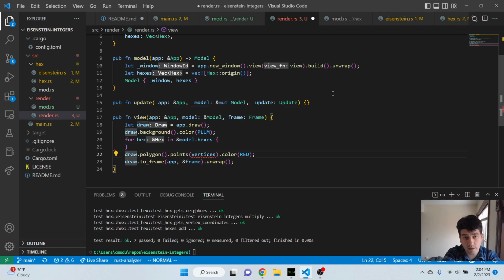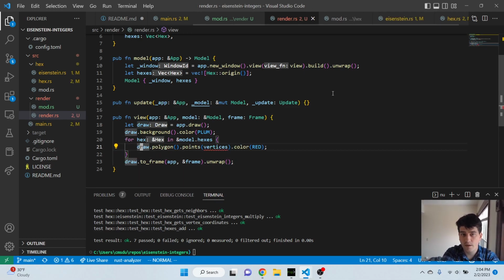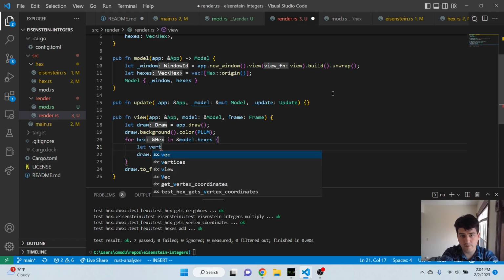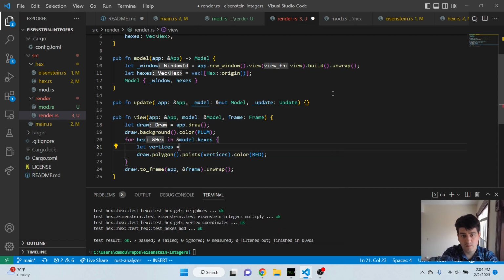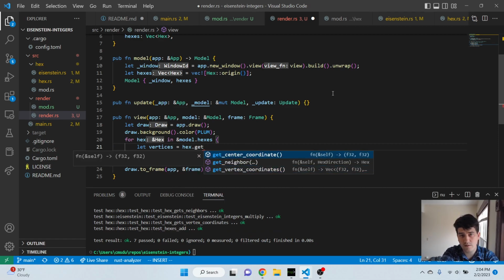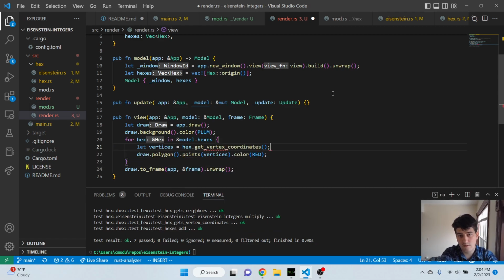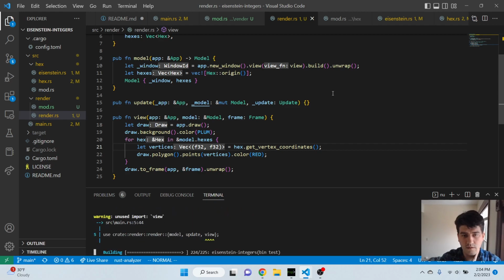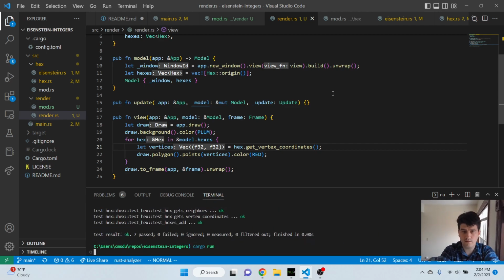Yeah, I don't really care. Let's just move this up here. Let vertices be hex.get vertex coordinates. Is this sufficient? Oh, it is. Nice. It knows how to convert. Okay, cargo run. See what happens.